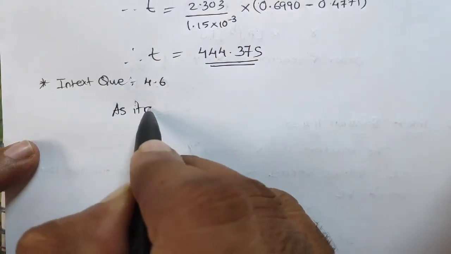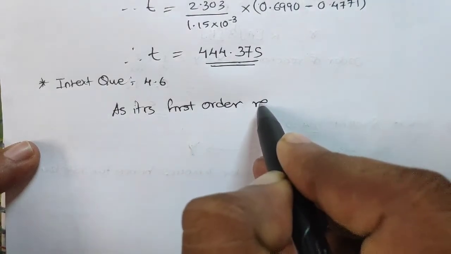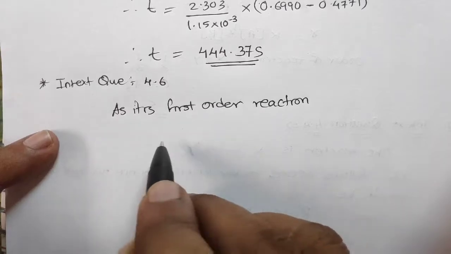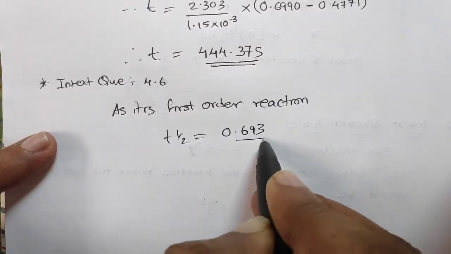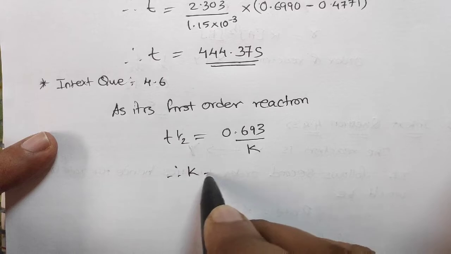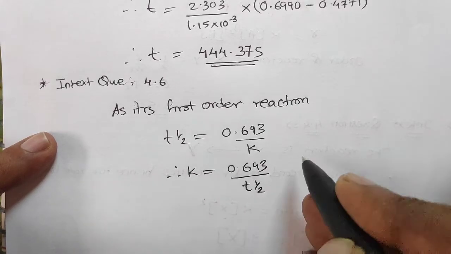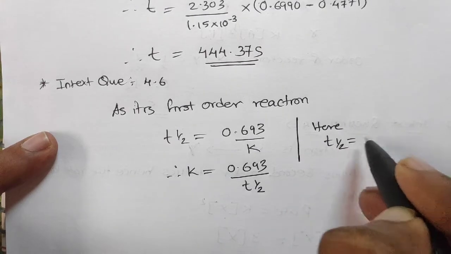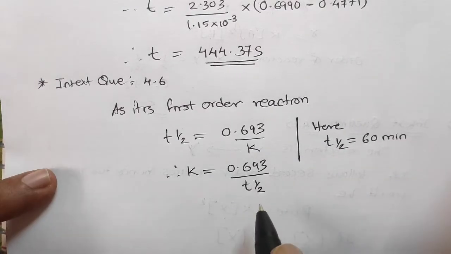As it is a first order reaction, t half is equal to 0.693 by k. Therefore k is equal to 0.693 by t half. Now here the half life is given, equal to 60 minutes, so I will substitute that here.